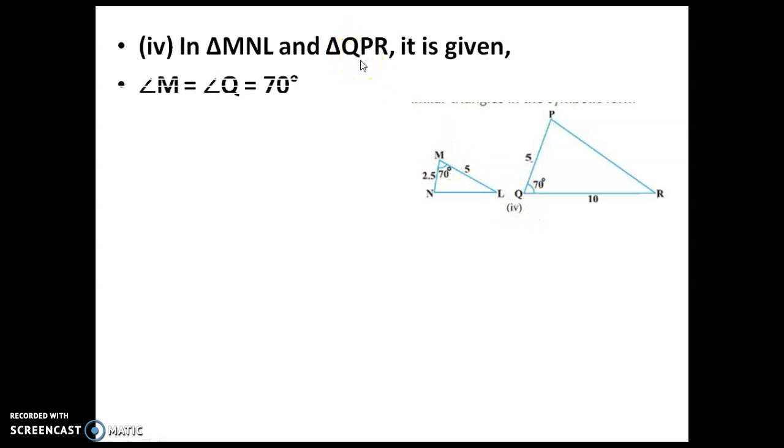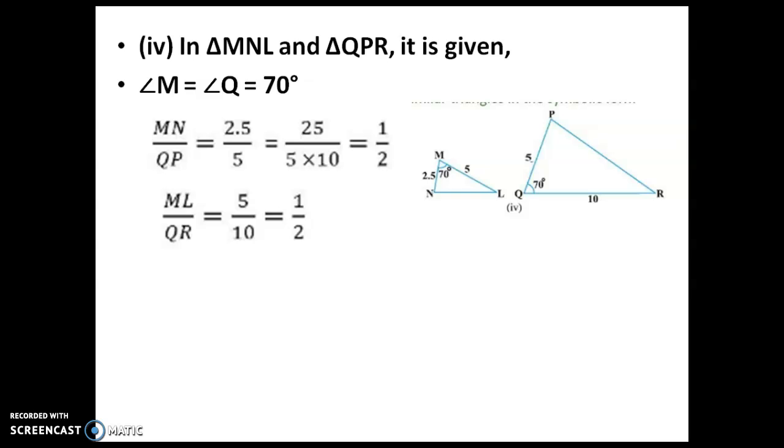So angle M equals angle Q equals 70 degrees. MN by QP equals 2.5 by 5 equals 1 by 2. Then ML by QR equals 5 by 10 equals 1 by 2.